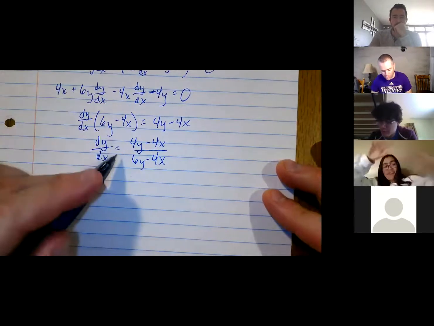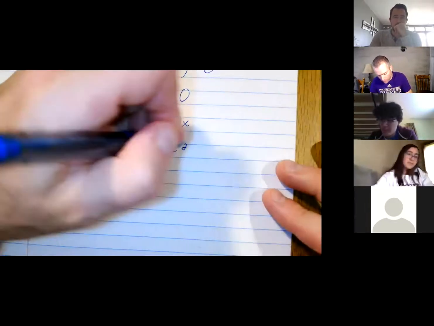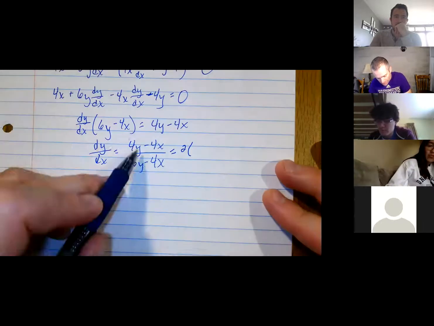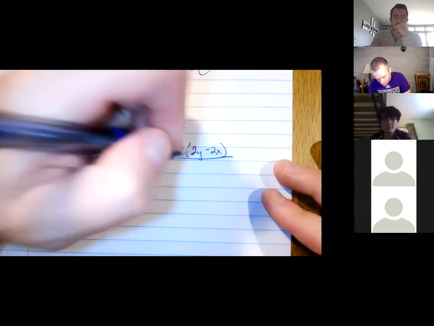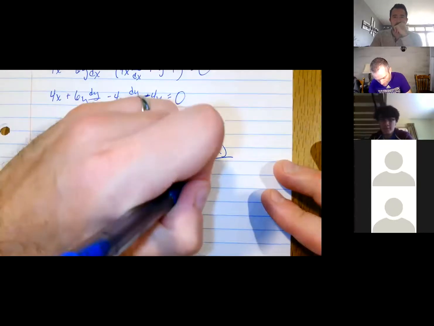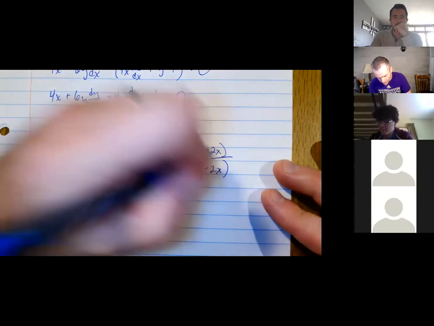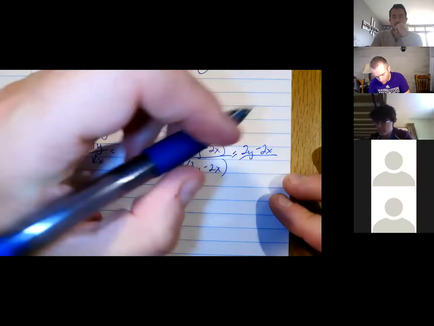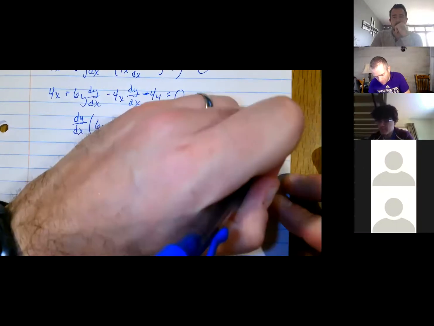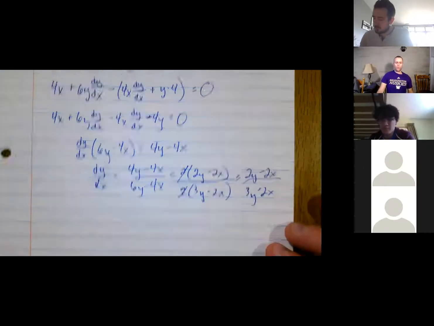And then you can factor out a 2 in the numerator and denominator. So I have 2 times (2y minus 2x) over 2 times (3y minus 2x). And so, of course, the 2's reduce. So dy/dx is (2y minus 2x) over (3y minus 2x). All right, and that is worth 2 points.